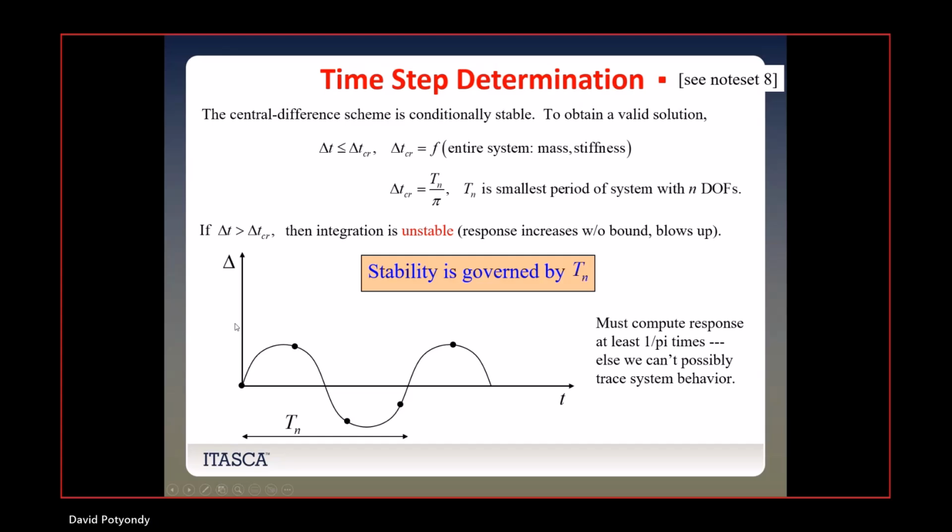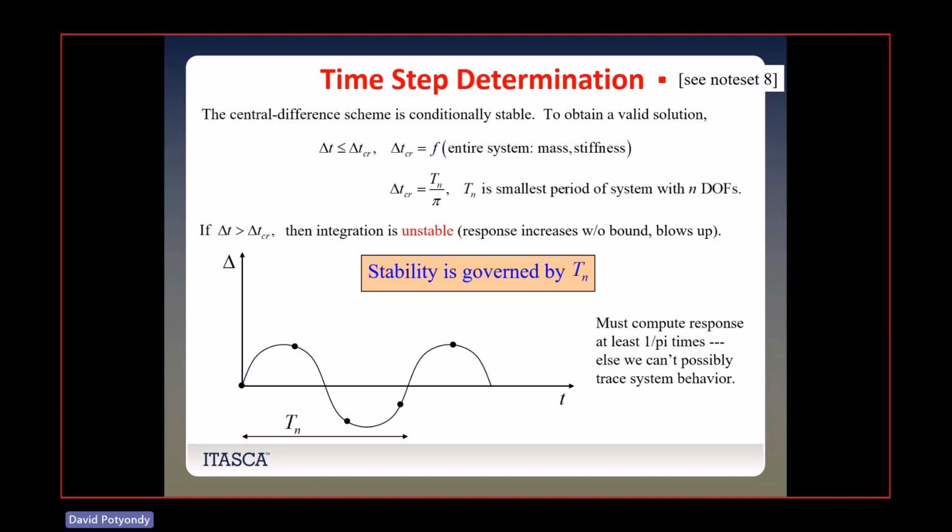Okay, now let's talk about time step. This is going to be a different way to think about time step than what I talked about before. This is actually the mathematics of computing a time step, because we're really working with a differential equation. That's what Newton told us.